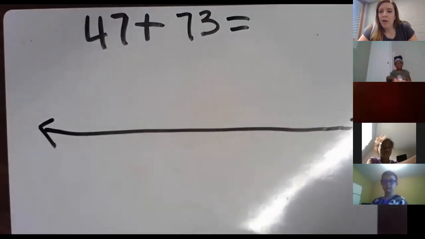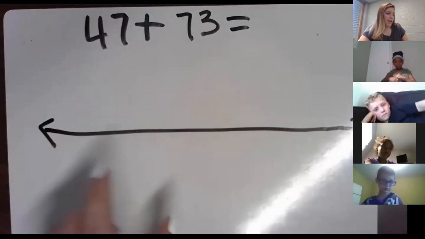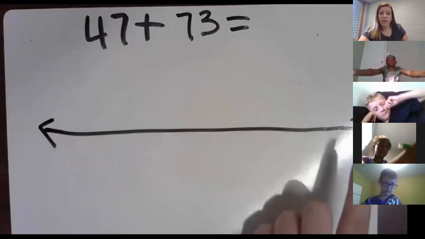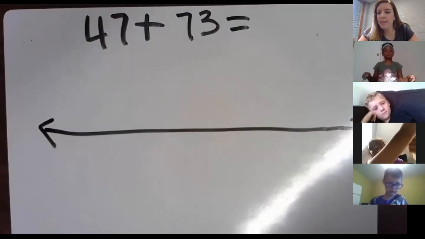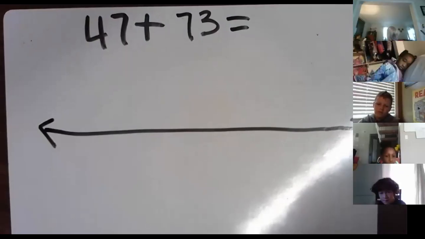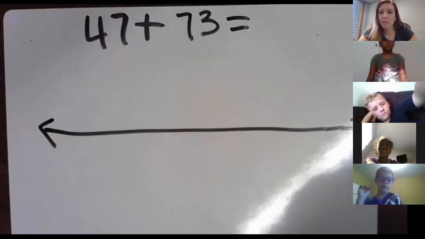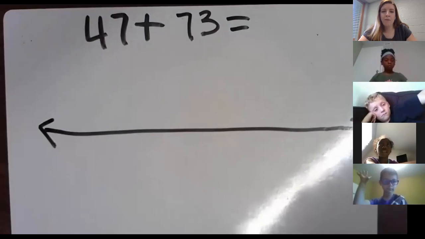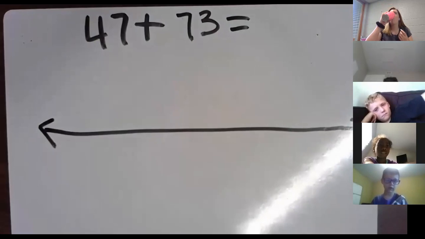All right, so let's start with 47. Raising your hands, do I put 47 down here on the left or over here on the right? Where do I put 47 if I'm going to add? Gabe? In the middle?